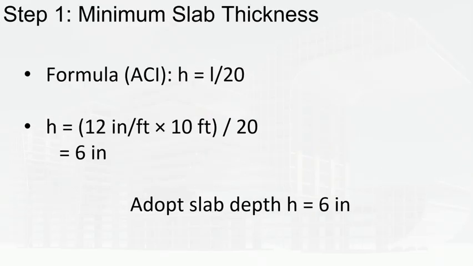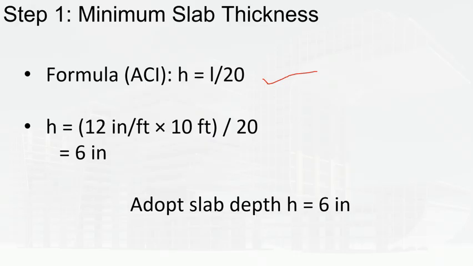Getting into it, step one is the minimum slab thickness. The minimum slab thickness as per the ACI code for a simply supported slab is L by 20. You can check that table we just went over. So L, which is your span, is given as 10 feet.